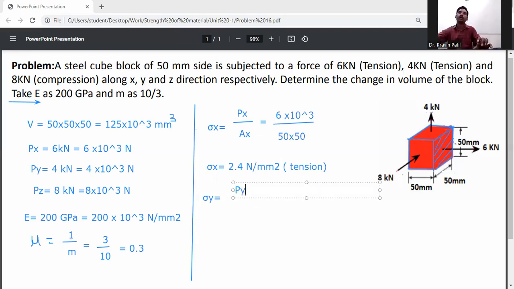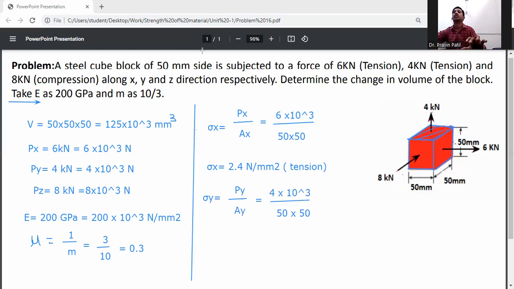So sigma y is equal to Py divided by Ay. Cross-sectional area is 50 into 50, so we take this area.